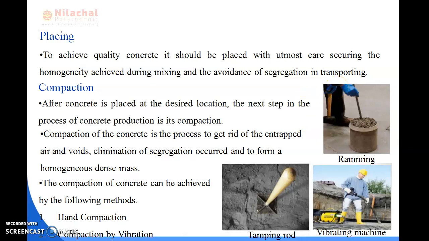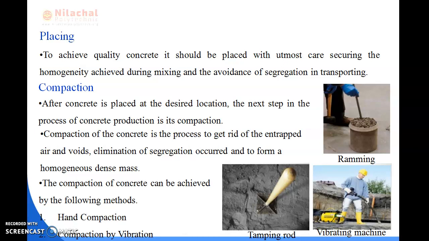The main aim of compaction or consolidation of the concrete is to eliminate the air voids, to eliminate the segregation that occurred, to form a homogeneous dense mass and to give the maximum strength to our concrete. In this way the compaction should be done.